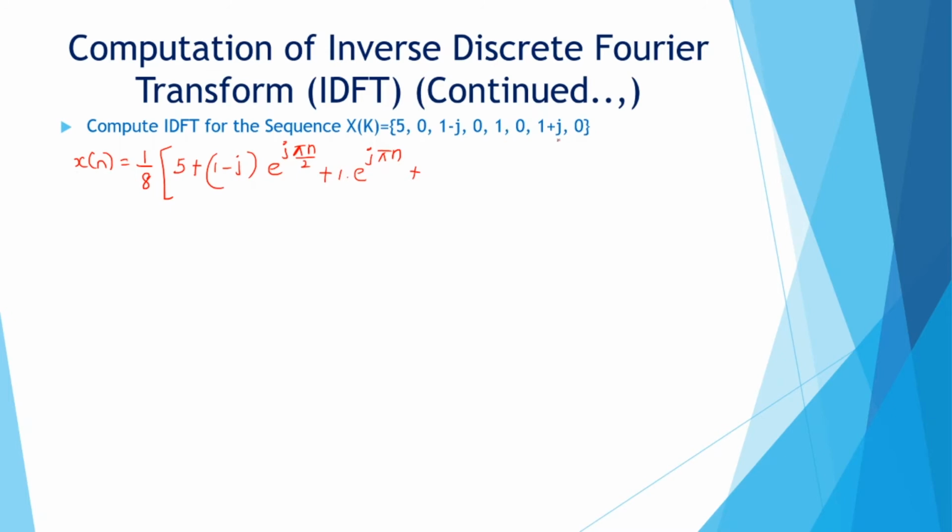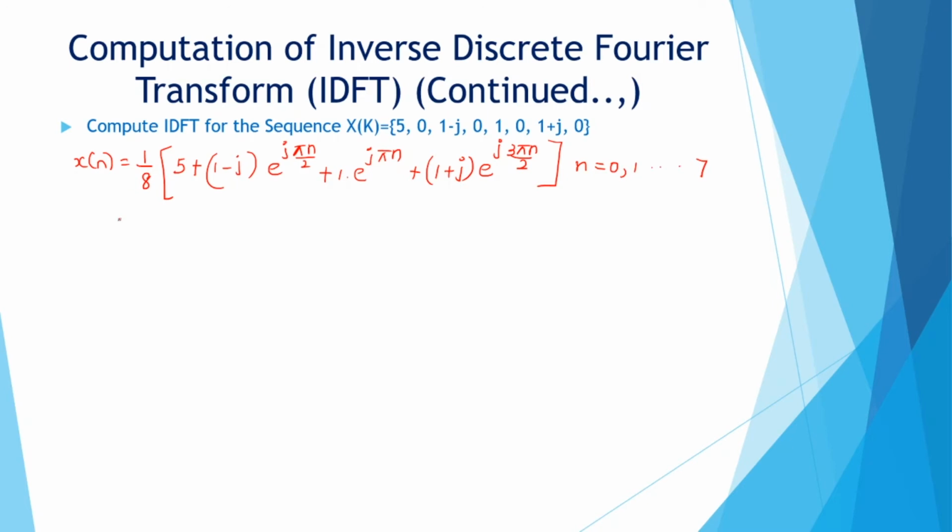So you can substitute for X of 6: it is 1 plus j into e power j 3 pi n by 2, plus for the next term X of 7, it is 0. So you can leave it till here. This is for n equal to 0 to 7.